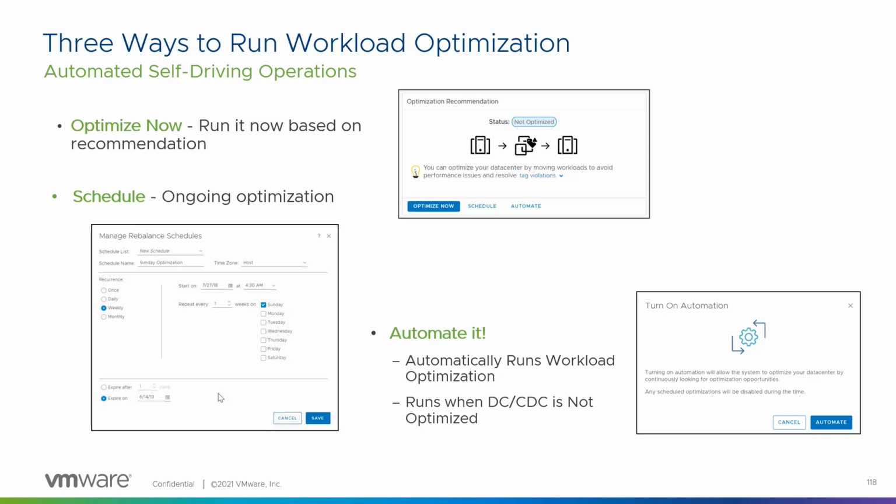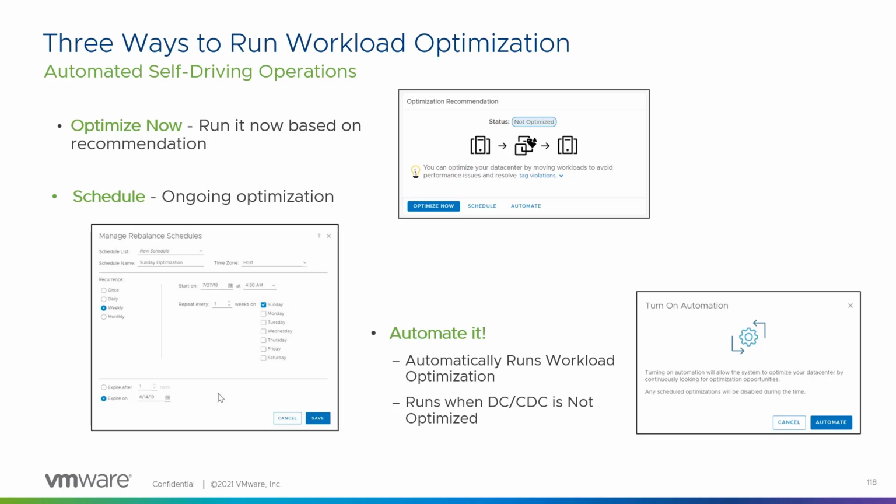You can schedule it. A lot of customers are saying, look, I don't have time to just move things in the middle of the day. Can I schedule this during my maintenance hours? Yeah, absolutely. So you can say, hey, run workload optimization, look for anything that's not optimized, make it optimized every Sunday night at 4 a.m. or whatever it may be. You can also automate it.